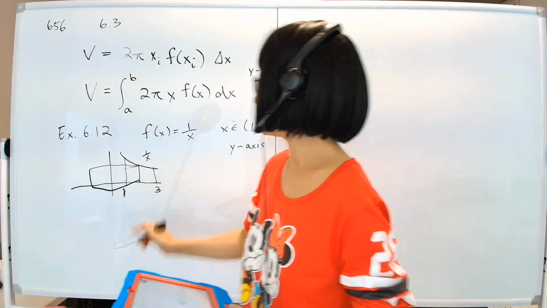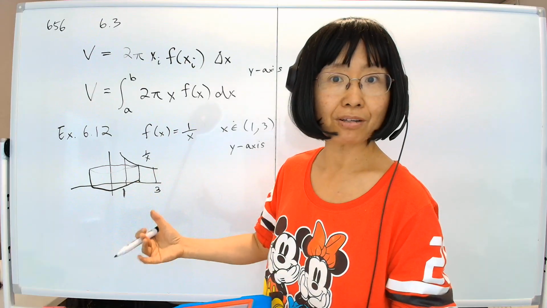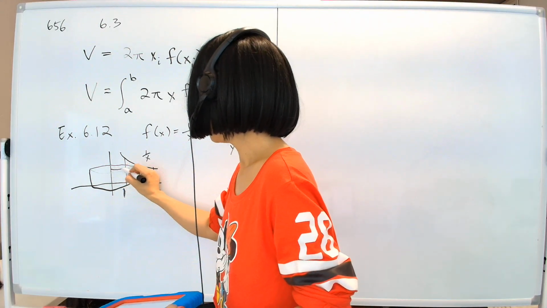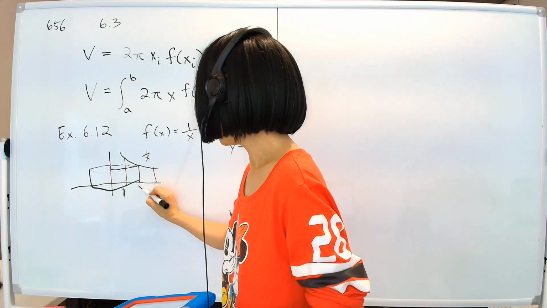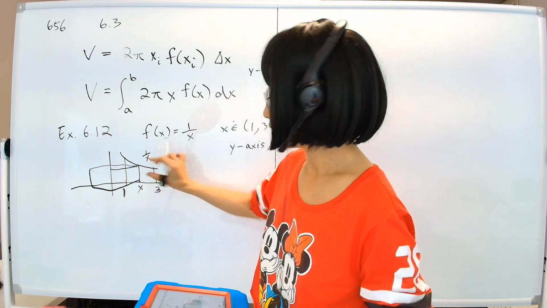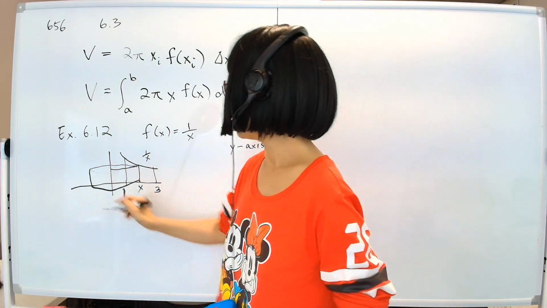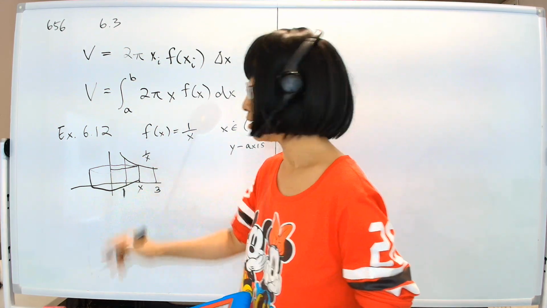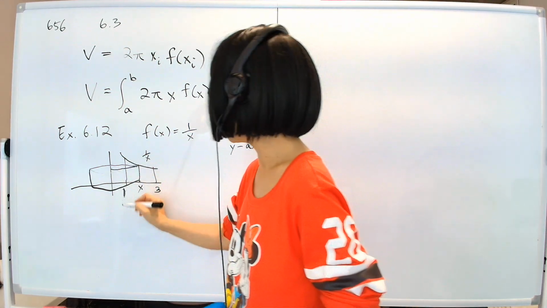Now, the reason to draw it is so that we can calculate the area and then the volume of the shell. Here is the radius of the shell, and that's x, and the height is 1 over x. So what is the volume? The volume of the shell follows this formula, but we are also sort of reinventing it each time we do homework.